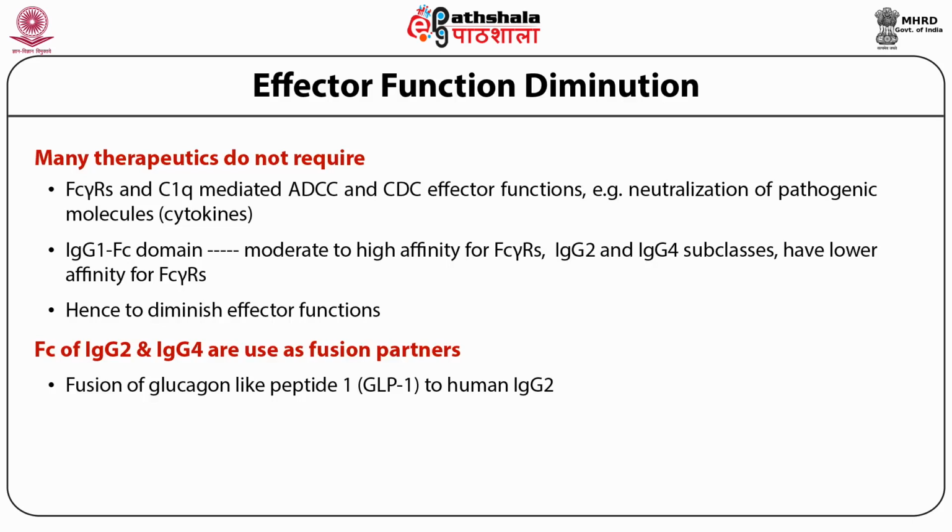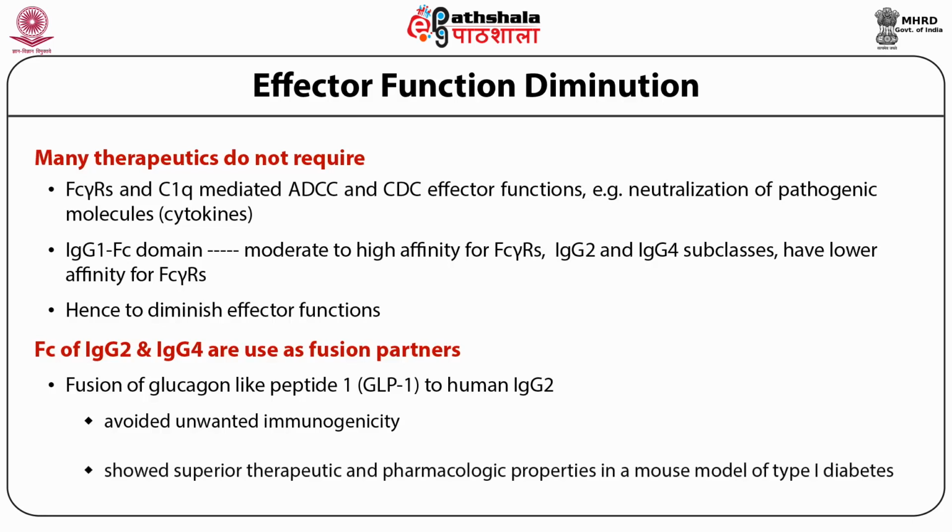But at the same time, it avoids the unwanted immunogenicity in the form of effector functions. So, fusion to the IgG2 Fc region avoided unwanted immunogenicity of this fusion protein and showed superior therapeutic and pharmacological property in a mouse model of type 1 diabetes.